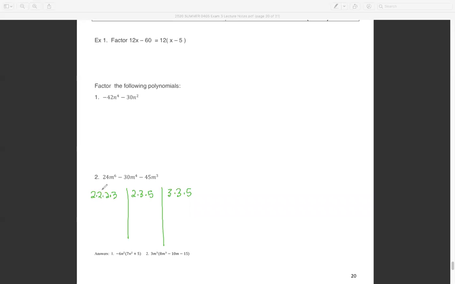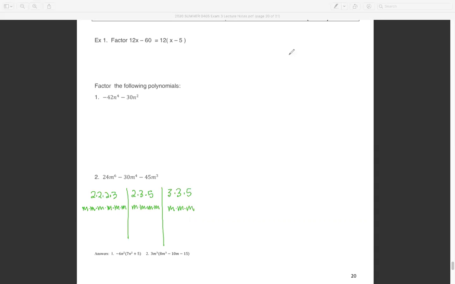Just make sure when you multiply all of these, you're getting back your original numbers. Because if I left a 2 off here, I'd get back 12, not 24. And then here we have 6 m's. 1, 2, 3, 4, 5, 6, and there we have 4. 1, 2, 3, 4, and here we have 3.